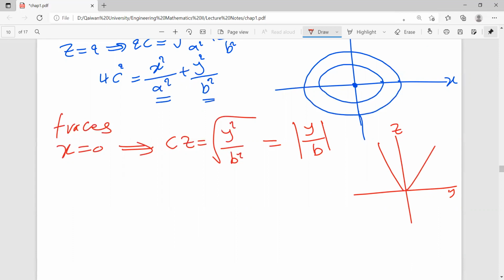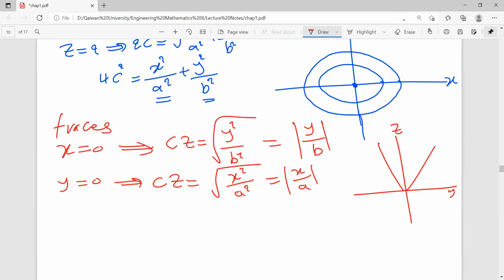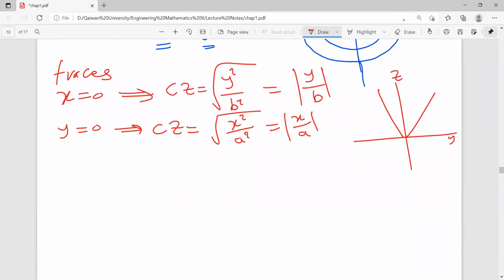And then for y to be 0, we get cz equals the square root of x squared over a squared, which equals the absolute value of x over a. The graph of this equation is also a V shape starting from 0. That's it. Now we have the graphs.